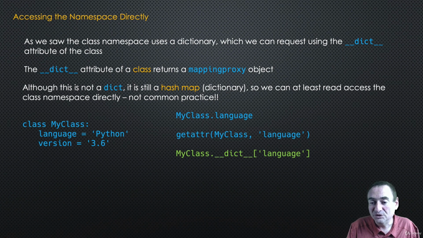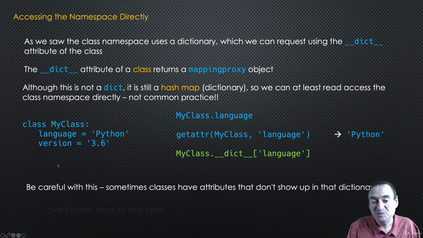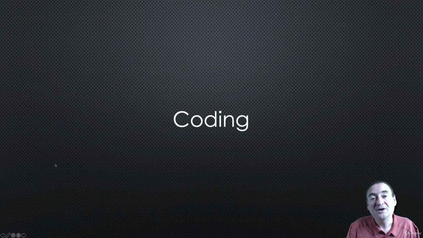But it's interesting to note that it can work, and it's very useful sometimes for debugging if you just want to see what's contained in the dictionary for my object right now, in my state dictionary essentially, right? And you can get all kinds of interesting things coming back in there. Okay, so just be careful with that, and we'll come back to that later and see why and when it doesn't always work. All right, so let's switch to some coding and let's try all that out.